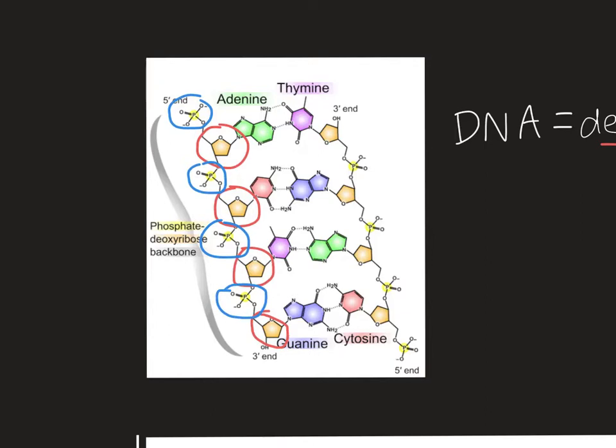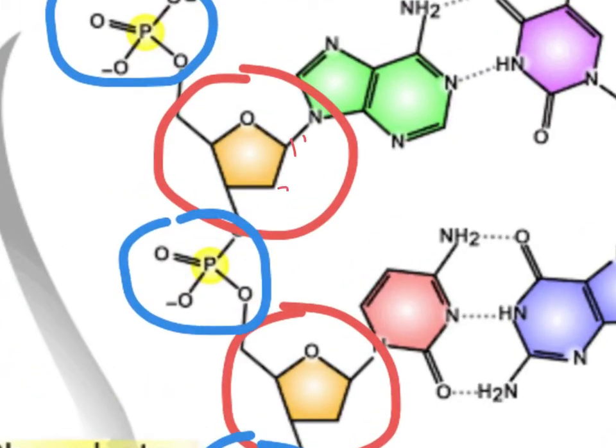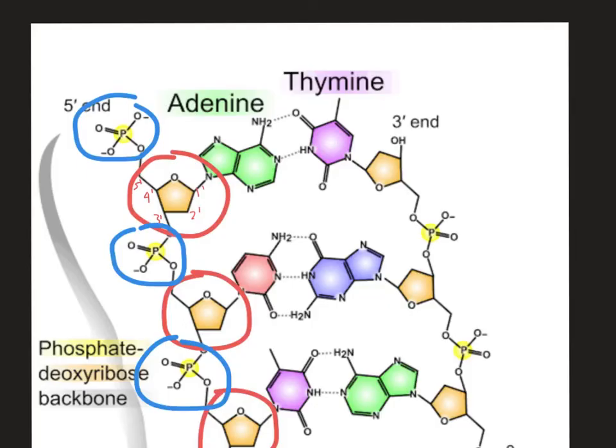Deoxyribose has a 5-carbon ring structure, meaning that it has 5 arms of carbon atoms. These so-called arms are numbered 1', 2', 3', 4', and 5'. And these are numbered in a clockwise direction.